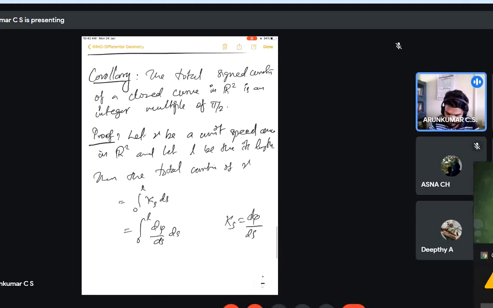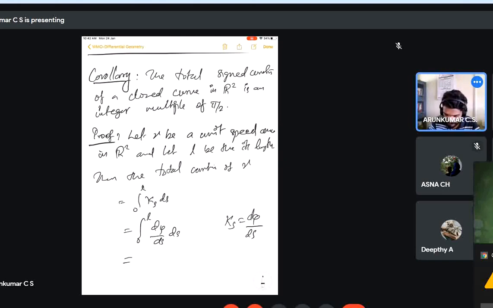Okay, so now what is this integral 0 to L d phi by ds? What is it? Please quickly answer. Remember, the integral of the derivative.